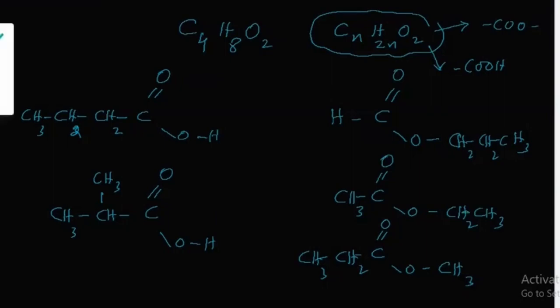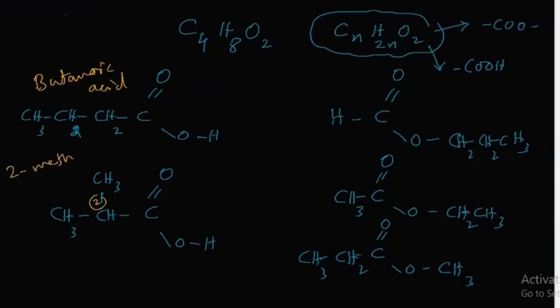And if we go for the nomenclature or naming these organic compounds, this is butanoic acid. And the second carbon has a branch, so this is 2-methylpropanoic acid. Okay.